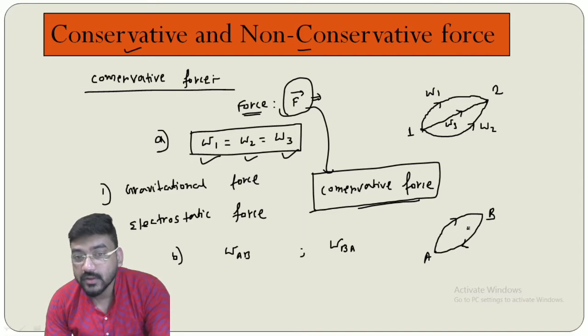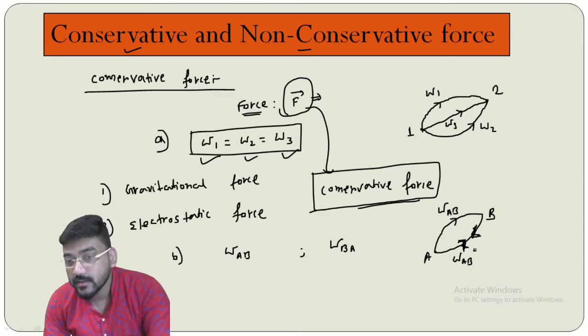If the force is conservative, then the magnitude of WAB along this path and this path will be the same. But if you take the direction of this path in the opposite direction, then it will be minus.